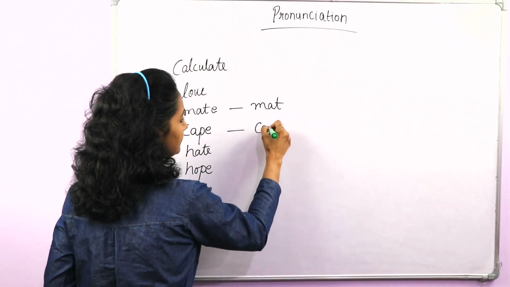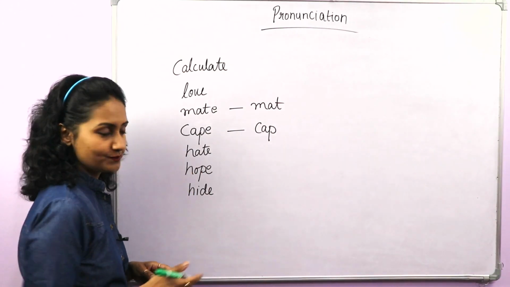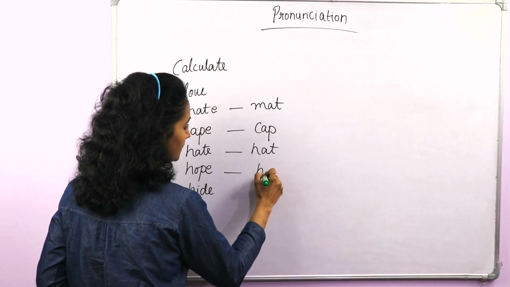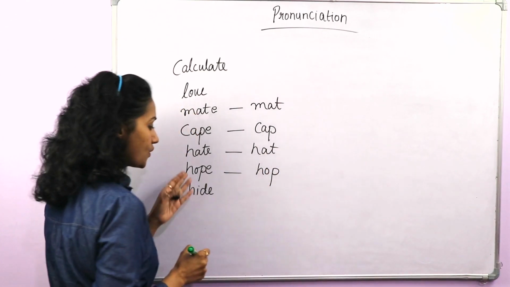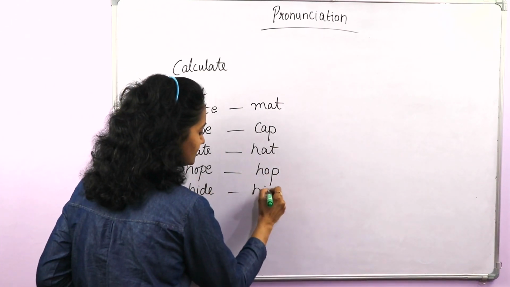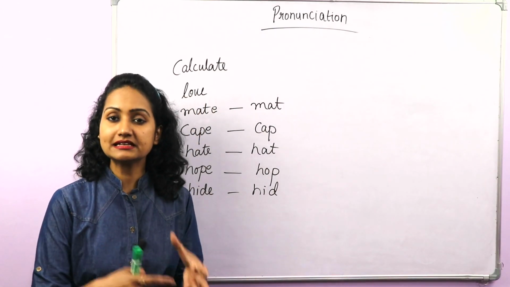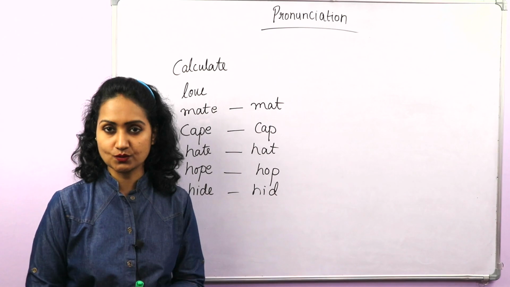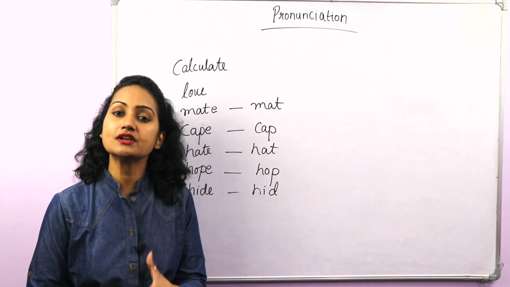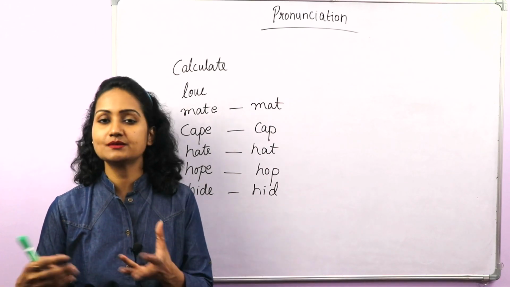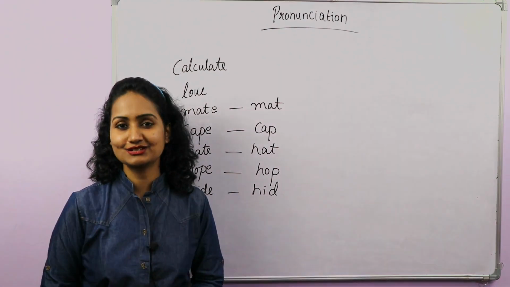Cap, and this is cape. Hat, hate. Hop, hope. Hid, hide. So this way, sometimes letter E changes the pronunciation of the word. These are the places where sometimes letter E is silent.